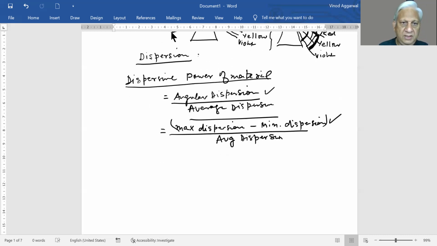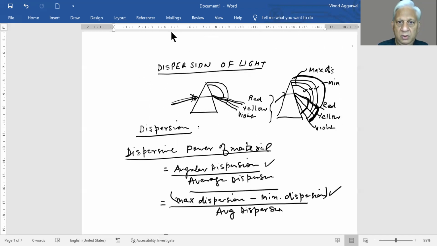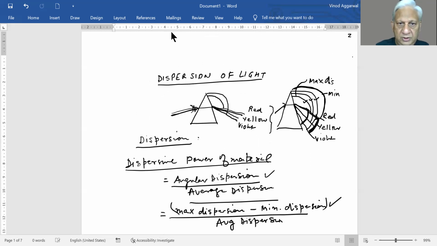So if we write in terms of colors, this will be what? Because the violet disperses the most, it comes at the bottom, and dispersion of red is minimum. This is dispersion of red.